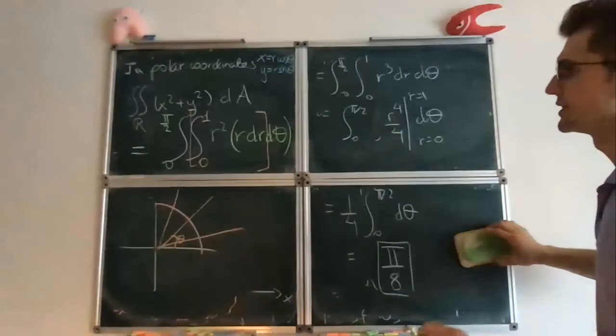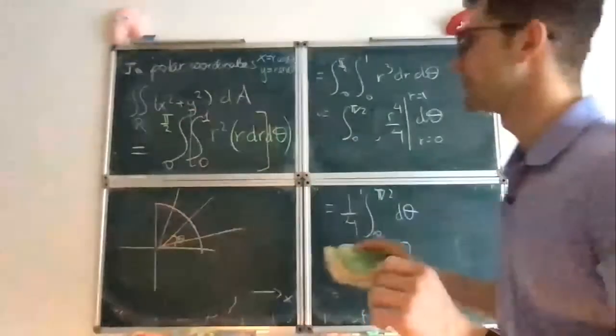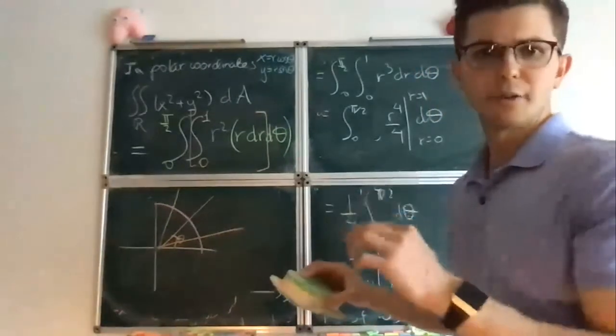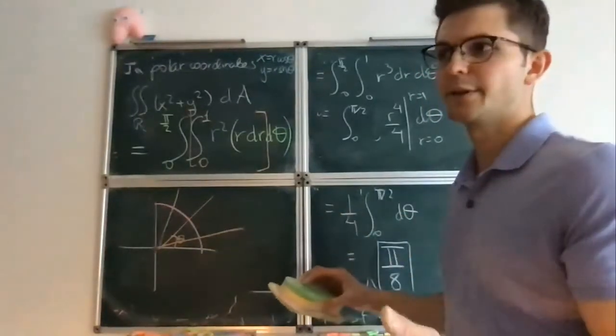So this is the perspective of using polar coordinates. Let me just tell you about cylindrical coordinates, and then in the next video I'll do an example with cylindrical coordinates.